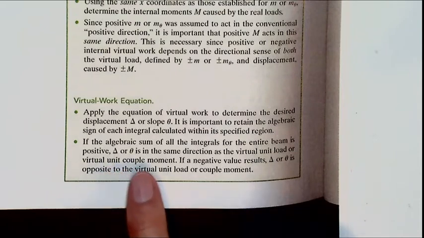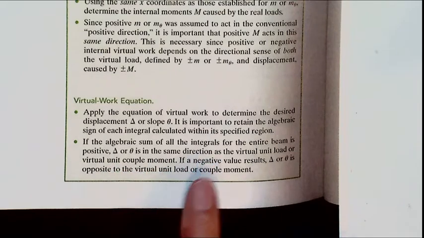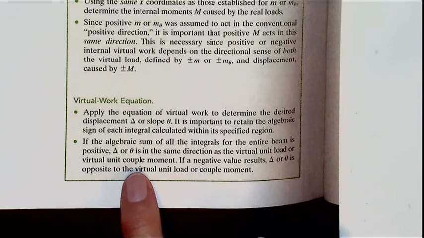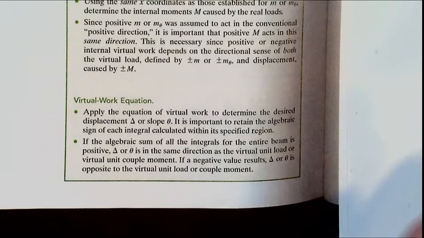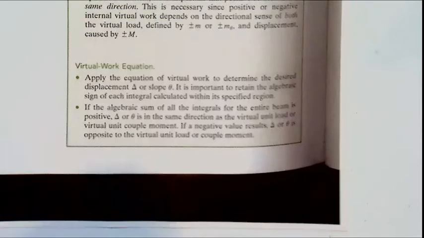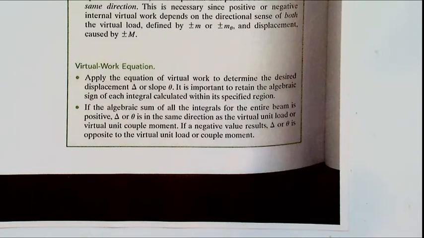If the algebraic sum of all integrals is positive, then delta or theta is positive, or in the same direction as you wanted. Because you asked, what is the displacement in this direction? Okay, you are getting an answer, positive or negative. If it is negative, that means displacement is in the opposite direction, but on the same line. Any questions?